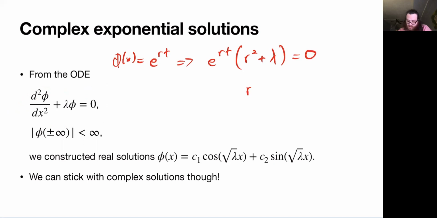So r is going to be plus or minus the square root of minus lambda. Is that right? Yep.